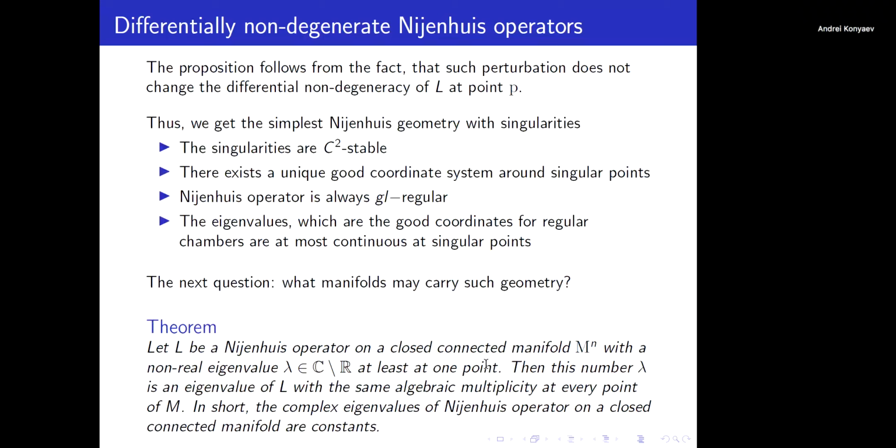The singularities are C2 stable and the non-singular points are also stable. We have a unique coordinate system, but why is it unique? We didn't talk about that, I'm sorry. Because you take the coefficients of the characteristic polynomial, and the coefficients are defined independently, invariantly.